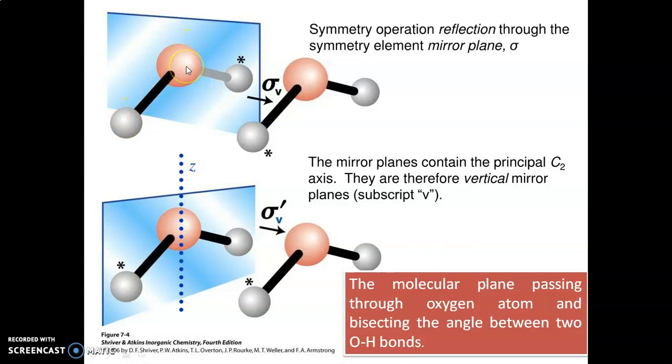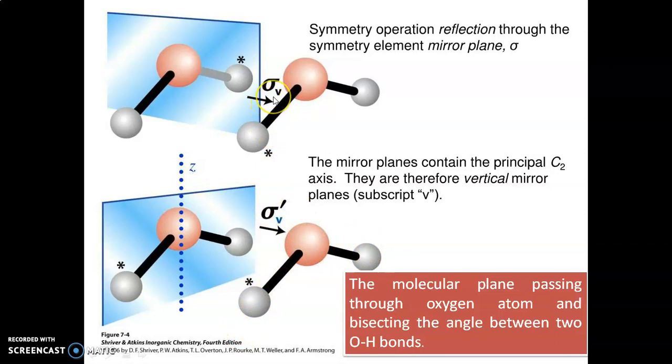Another example: look here at the H2O molecule. Oxygen is red and the hydrogens are blue, one represented with a star and the other without. Here the plane bisects the oxygen atom, and one hydrogen is represented here and the other here, and we get an equivalent configuration. And another plane passes through hydrogen, oxygen and hydrogen, containing the principal axis, and we get another plane of symmetry.